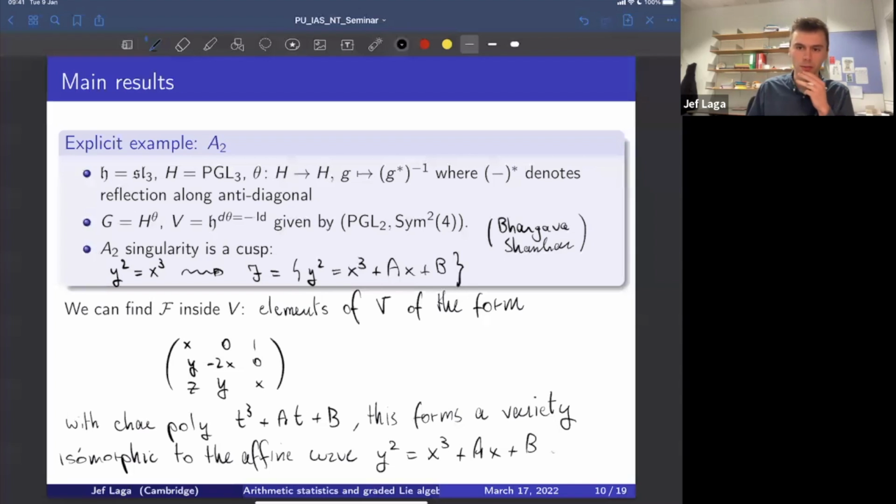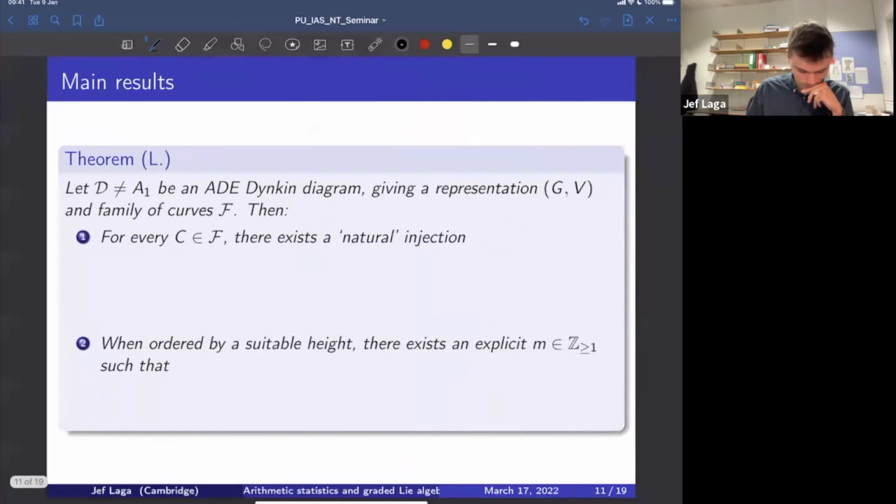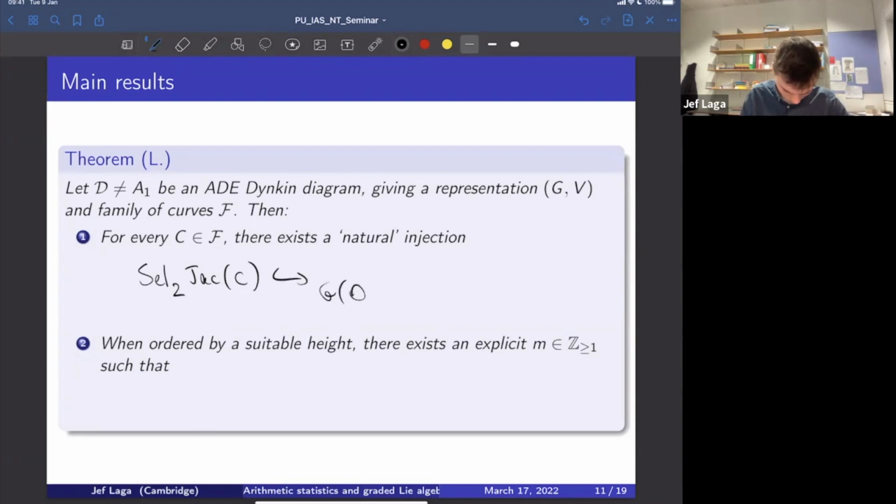So let me now state the main theorem. Suppose you start with a Lincoln diagram, again assumed not to be of type A1. As I said, this gives rise to a representation and a family of curves, and the main theorem connects the two. So for every curve in the family, the first part is that there exists a natural injection from the two-Selmer group of the Jacobian of the curve into the set of GQ orbits of VQ.